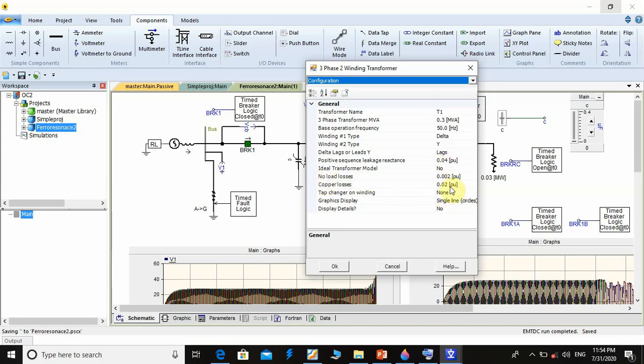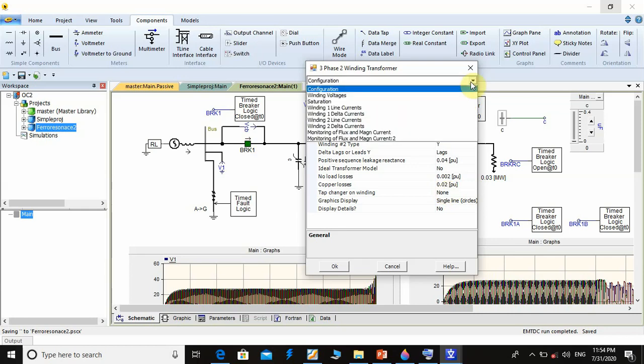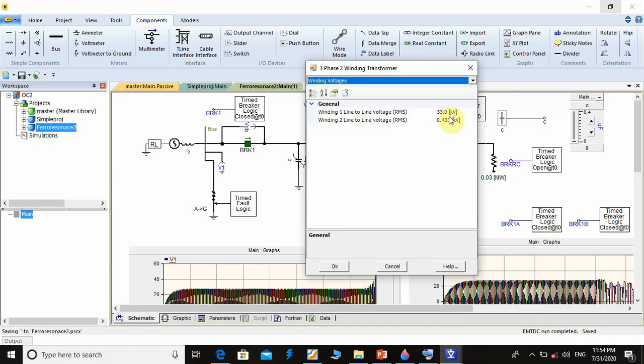And also we have no load losses and copper losses: no load losses 0.2% of transformer rating, and full load losses about 2% of transformer rating. Winding voltage primary is 33 kilovolt, secondary is low voltage 400 volt.